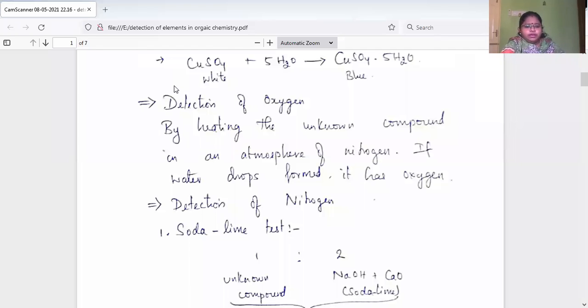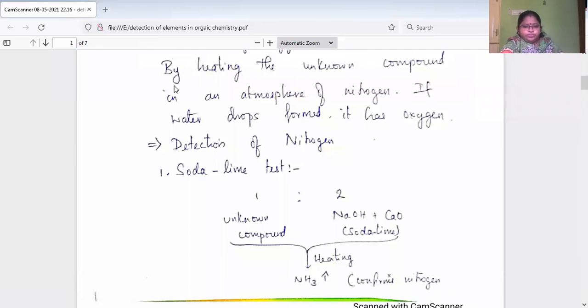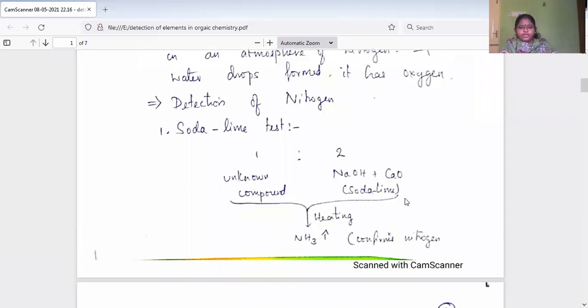Then detection of nitrogen. Over here, the first test is the soda lime test. The unknown compound, 1 ratio, and 2 ratios of soda lime. Soda lime is caustic soda, sodium hydroxide, and lime, CaO, calcium oxide.